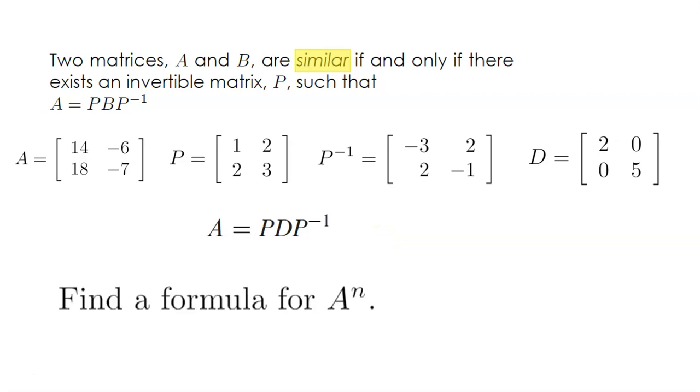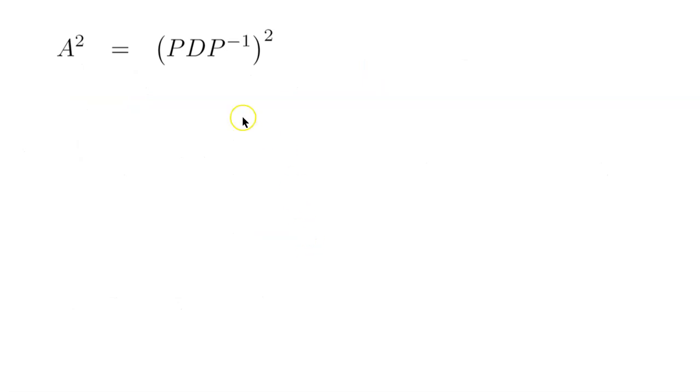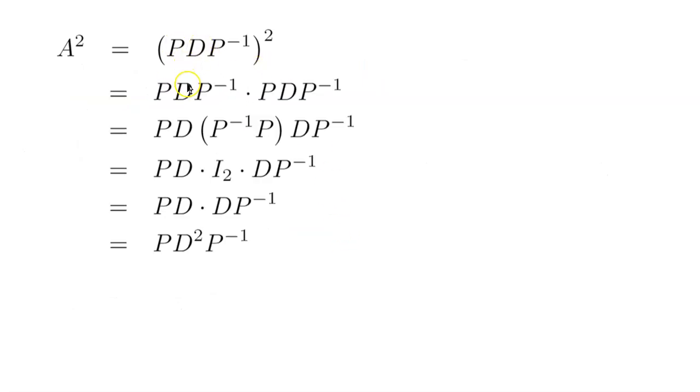So let's say I want to find a formula for A to the n, where this is my A. I don't want to calculate, that's gross. But if we know that A is equal to PDP inverse, it makes it a little bit easier. So notice, on the next page, if we square it, that means you write it twice. This is a lot of work for something that's a pretty straightforward concept. But when you double it, the inner P's cancel, become I, and go away.